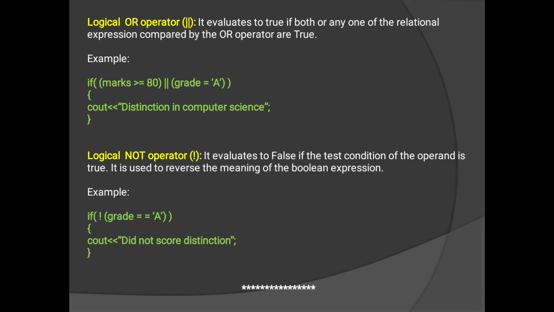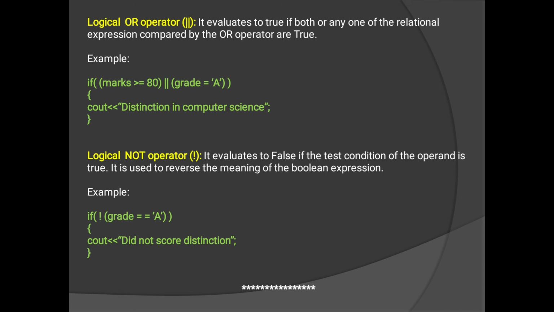So here an example is if, within the bracket, NOT, and then you can see the inner bracket which the NOT operator compares, right? So the NOT operator works on the inner bracket, grade equals A, and that is compared by the NOT operator. That's why we have the inner parenthesis grade equals A.